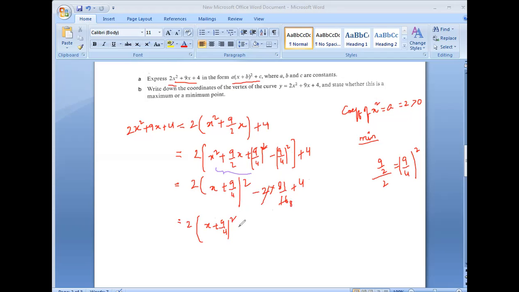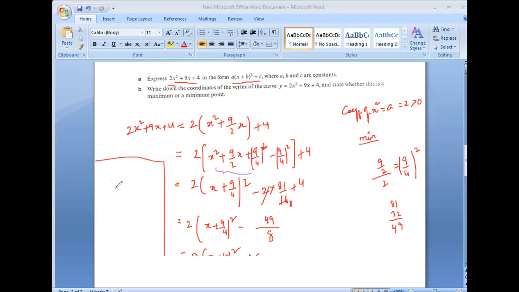What will we get over here? 8 is the LCM. 8 times 4 is 32. 81 minus 32, how much over here? 49. So minus 49 by 8. Now it is in the form of a into x plus b whole square plus c. What is the a value over here?